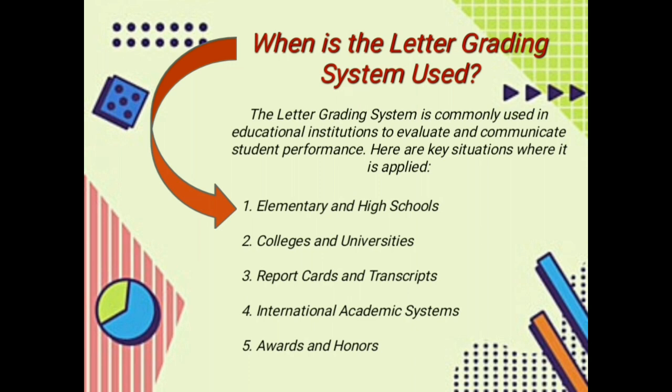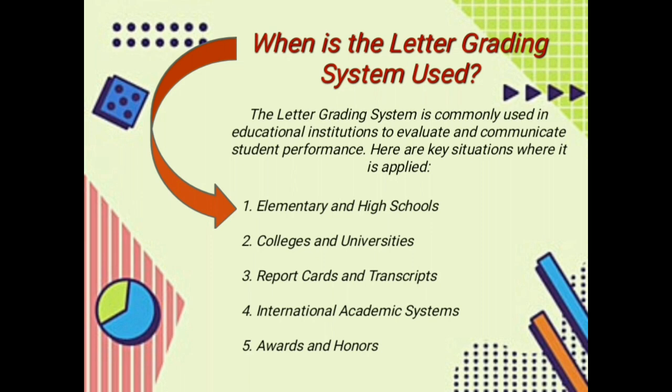Then number 3, we have report cards and transcript. Dito naman pinapakita yung mga official records nung performance ng mga student. Then sa number 4, we have international academic systems. Dito po, madami na pong countries ang gumagamit nito for standardization.